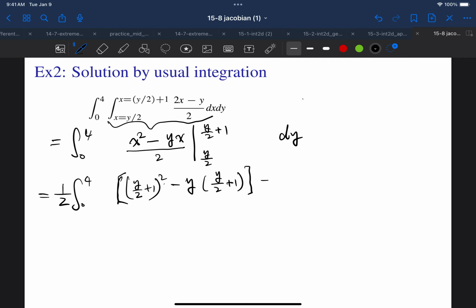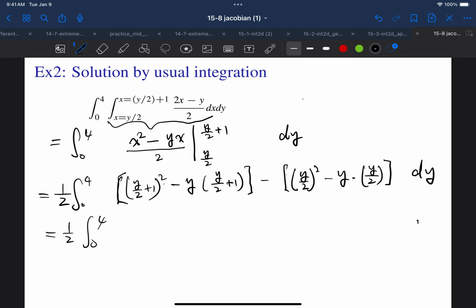And now the lower limit, and then dy. If we compare this minus this, we get y plus 1.